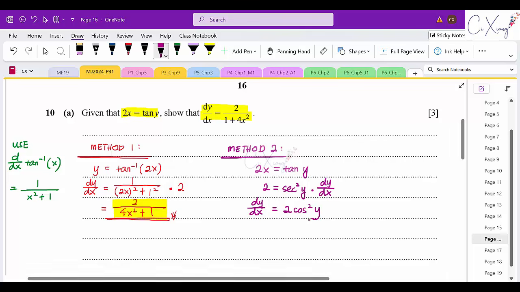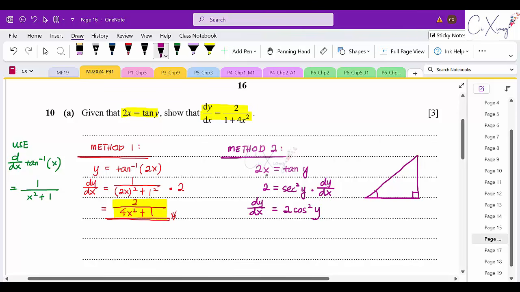Maybe up to this step, you'll find that the two techniques, different methods, also give you different answers. But again, for this 2 cos square y, you can try to change the cos y into something related to x by using the original equation. From here you see tangent y is 2x.